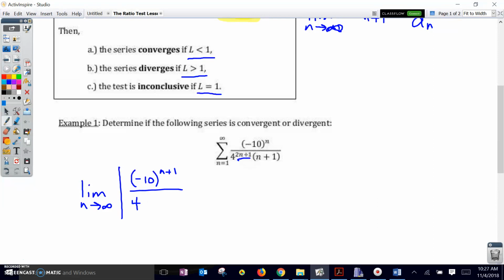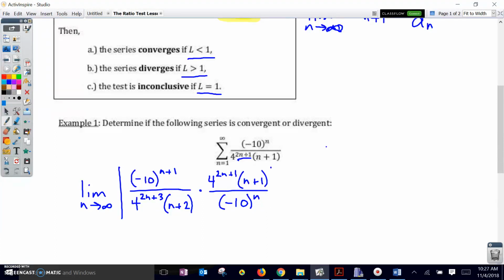And the quantity 2n plus 1, when I put n plus 1 in there, becomes 2n plus 3. And this becomes n plus 2. And then I'm going to multiply by the reciprocal of a sub n. So that's 4 to the 2n plus 1 times n plus 1 all over negative 10 to the n.